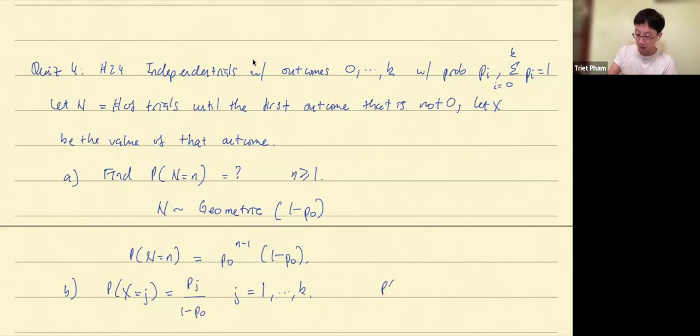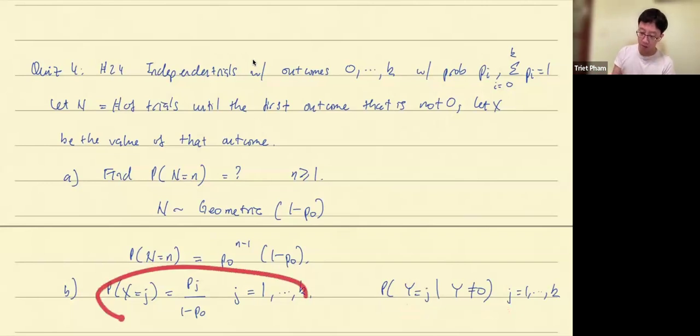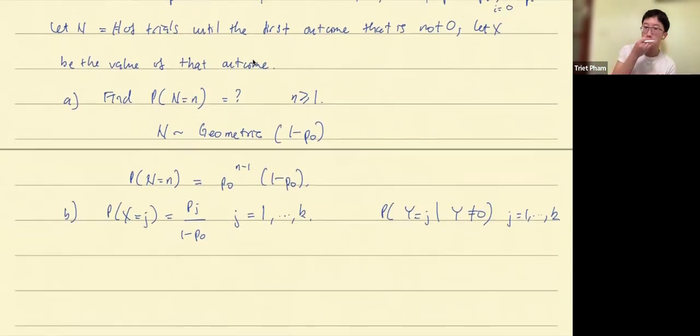If Y is the outcome of a regular trial, then X is exactly like that: X is Y conditioned on Y not equal to 0. That's why it's like that. Any questions?